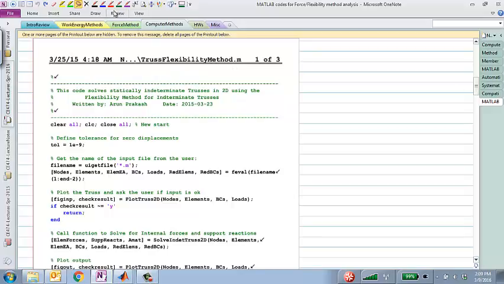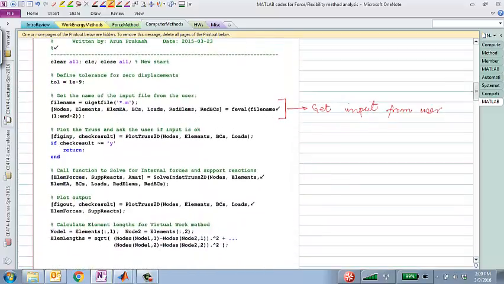You can see that the initial portions of this file are exactly similar to that statically determinate problem. There is a tolerance for 0 forces. This feval line is just getting input from the user. This is just a plot to check the input.